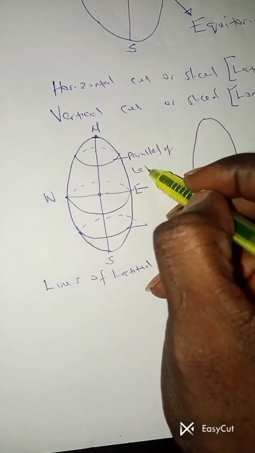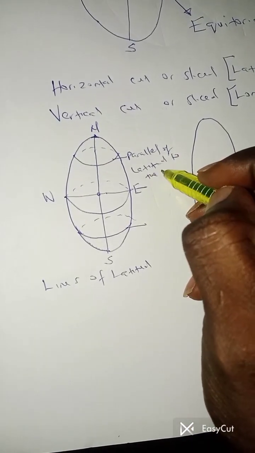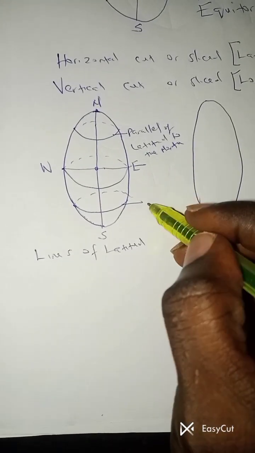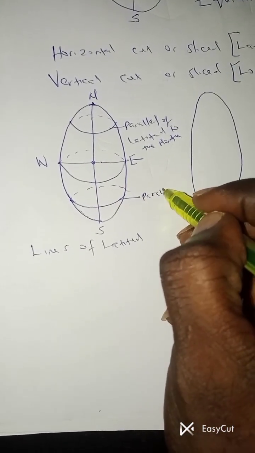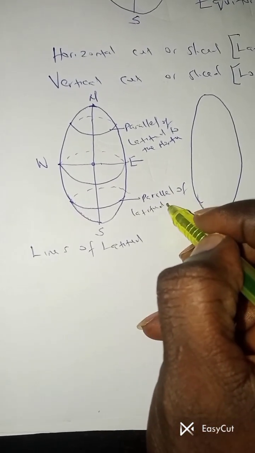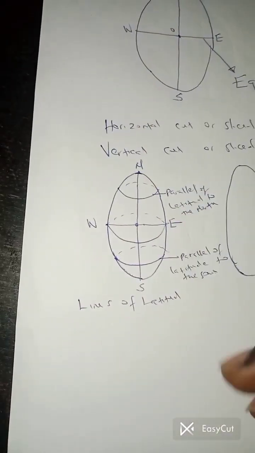Parallels of latitude. This is to the north, because it's on the northern hemisphere. This is also known as a parallel of latitude to the south, because it's on the southern hemisphere.